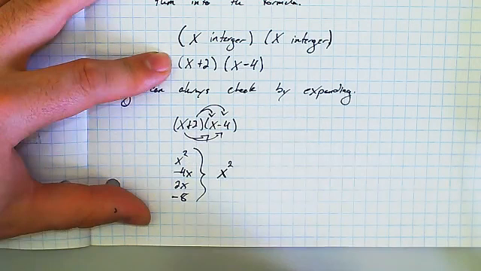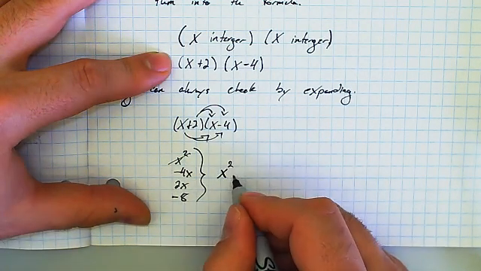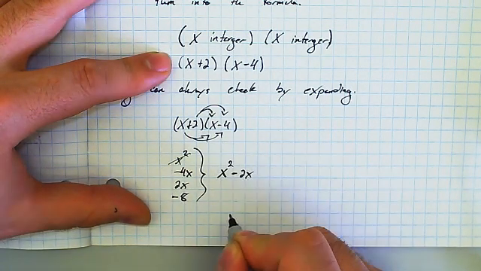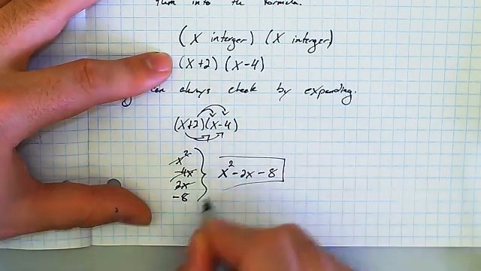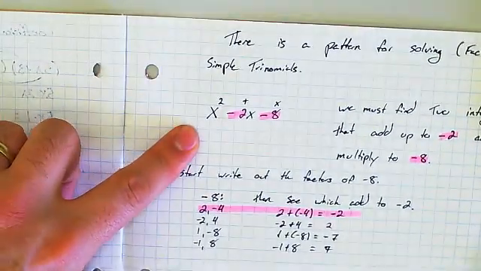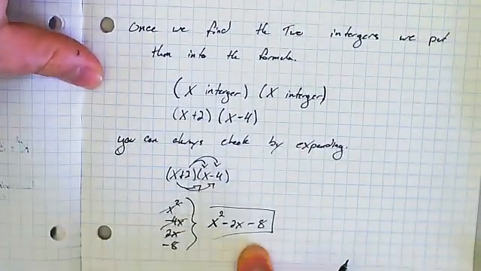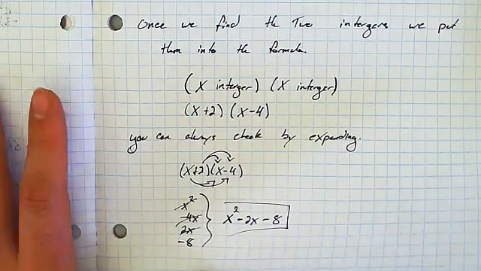Again, we combine and simplify. Our biggest degree is x squared. Negative 4x plus 2x is negative 2x. And last but not least, we have negative 8. Which, if we look at that and look at our first answer, they are indeed the same.